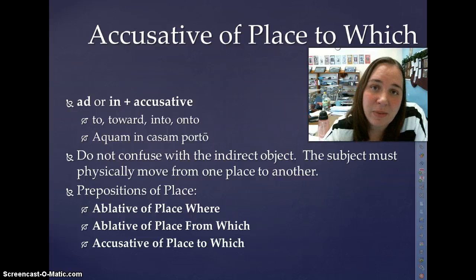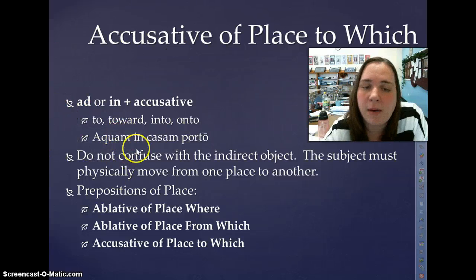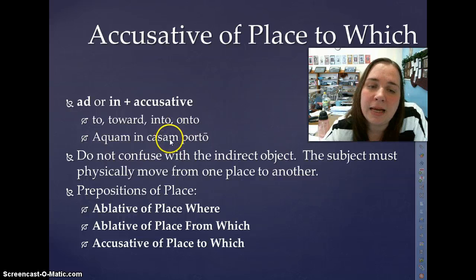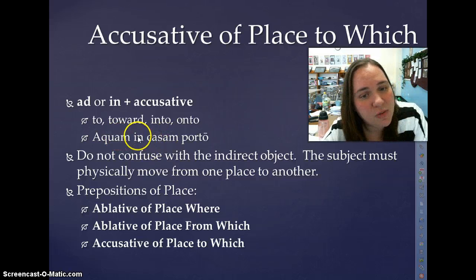One of the things you need to start paying attention to is whether the accusative in a sentence like this, ending in aquam, and this ending in casam, is the direct object or the accusative of place to which. You should be looking out for that preposition to help you along with that.